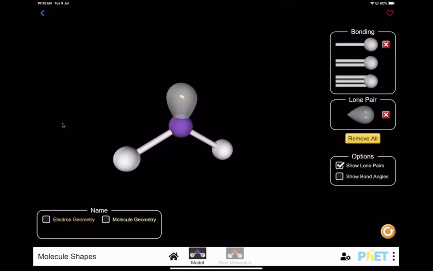Trigonal planar. But do you think the shape would be trigonal planar in this case? No, because there is no atom on the top. There is a central atom, and those two atoms are actually declined from the central atom on the left and the right. Yes, sir. So the electron geometry would be trigonal planar, but the shape would be considered as bent, because when we are considering the shape, we are looking at the atoms.